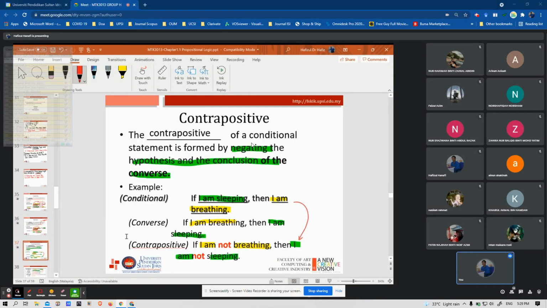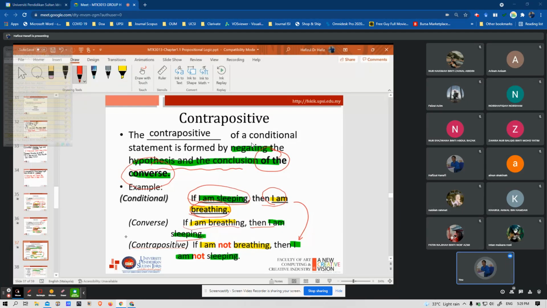Okay, and then for the contrapositive, as I said, you need to form the negation of the hypothesis and the conclusion of the converse. For example, if I am sleeping, then I am breathing. For the converse, if I am breathing, then I am sleeping.